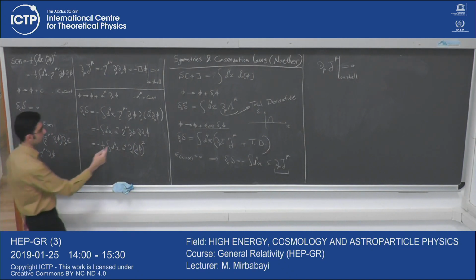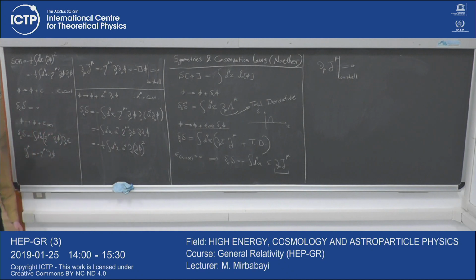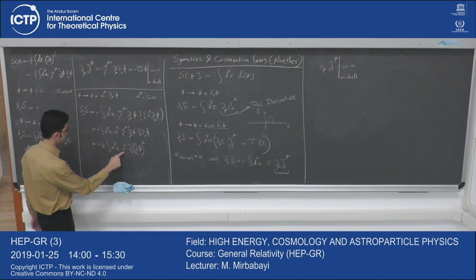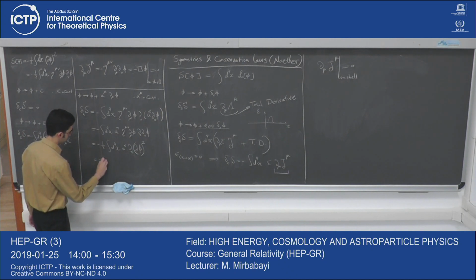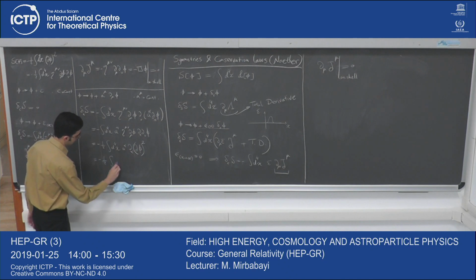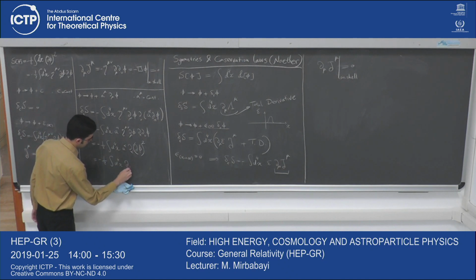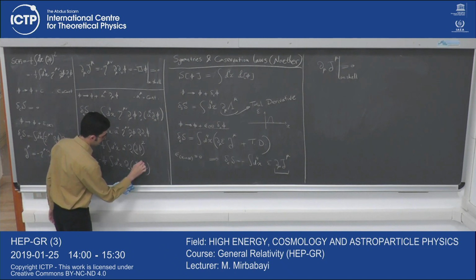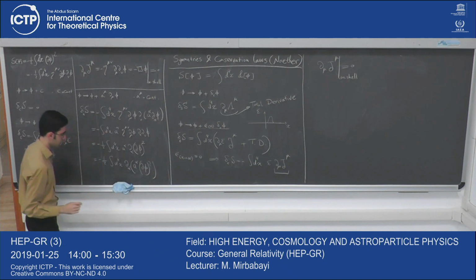Because of the symmetry of this eta mu nu. And again, since a is constant, I can take it inside, so I get minus 1/2 integral d4x d alpha of a alpha d phi squared.